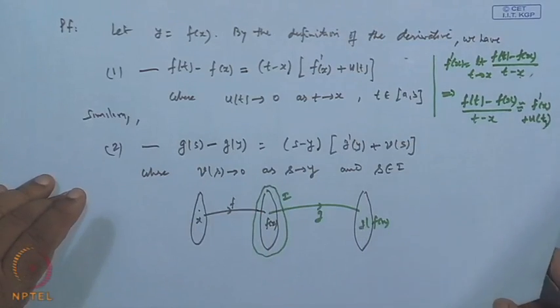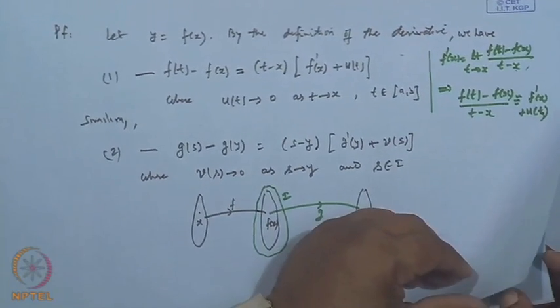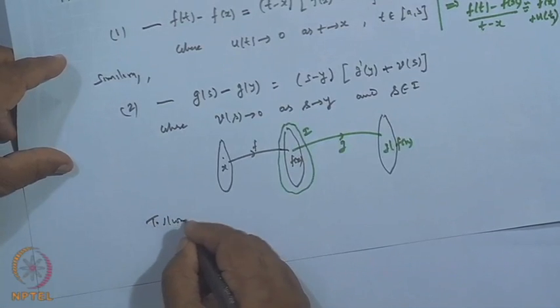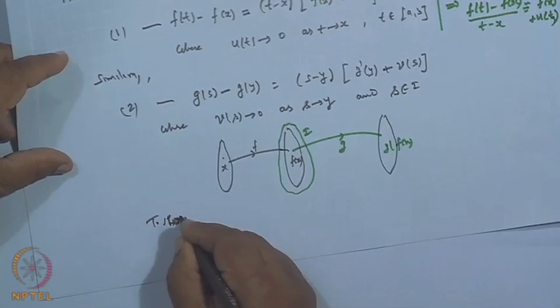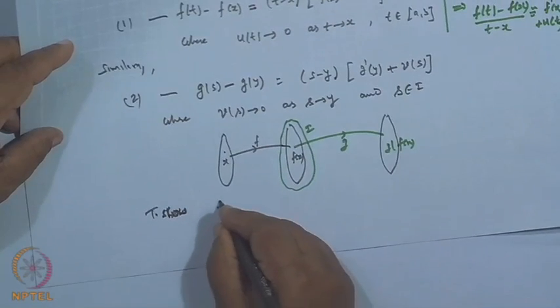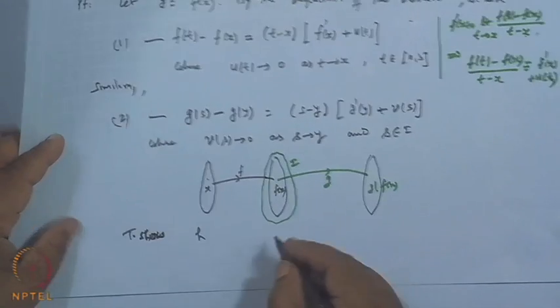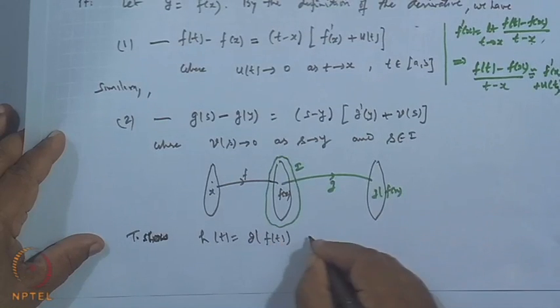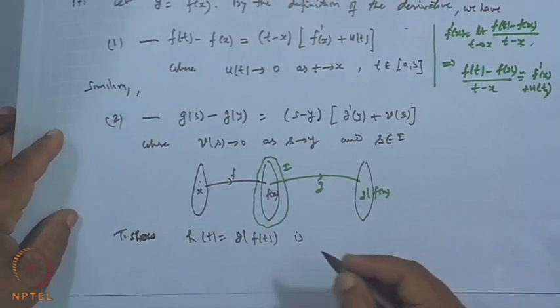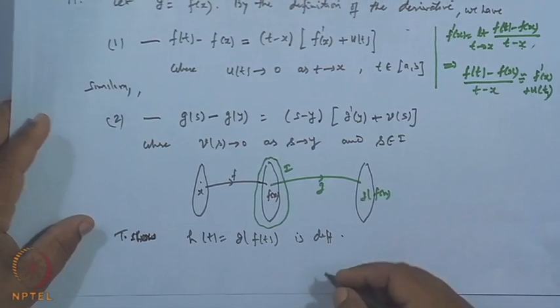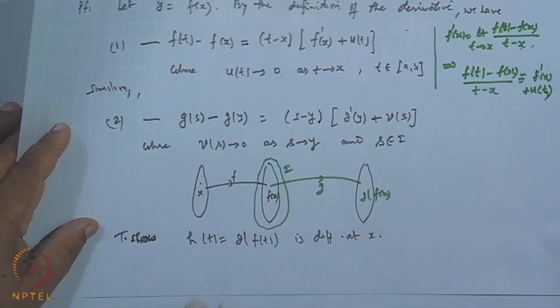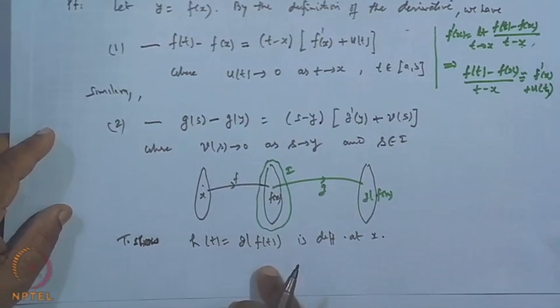Okay. Now, suppose we wanted to show that the function h, which is a composite function h of t, which is g of f t, is differentiable at x. This we wanted. So, write down the relation h t minus h x.